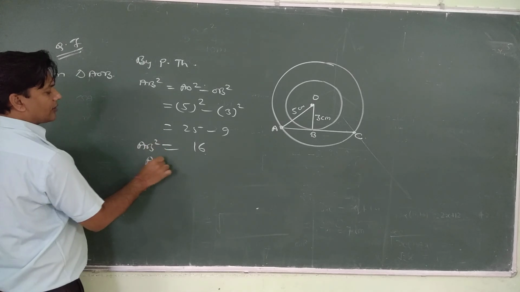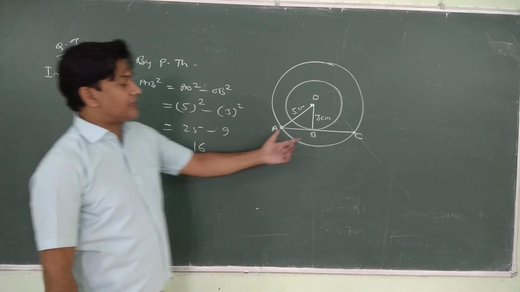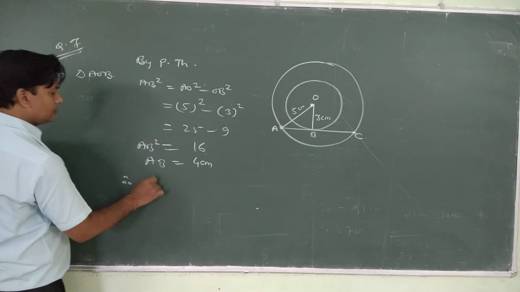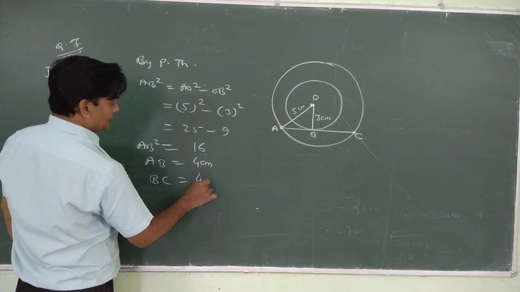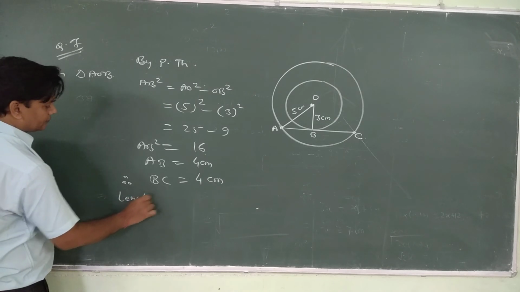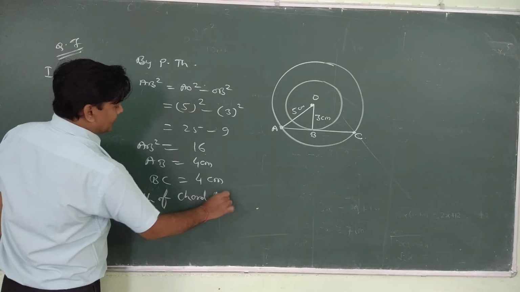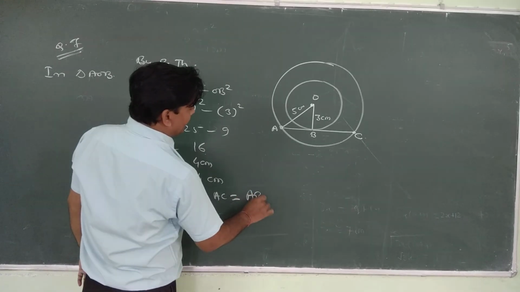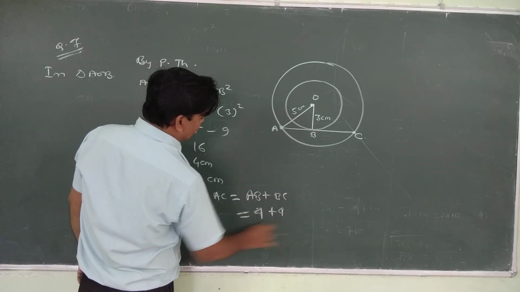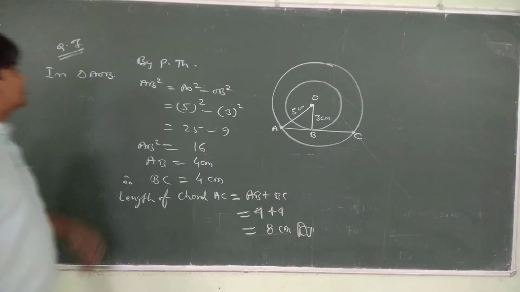Taking the square root of this, which is 4. So the length of AB is 4. Similarly, BC is also 4. So the length of chord AC is given by AB plus BC, which means 4 plus 4, that is 8 centimeter. This is the answer of this seventh problem.